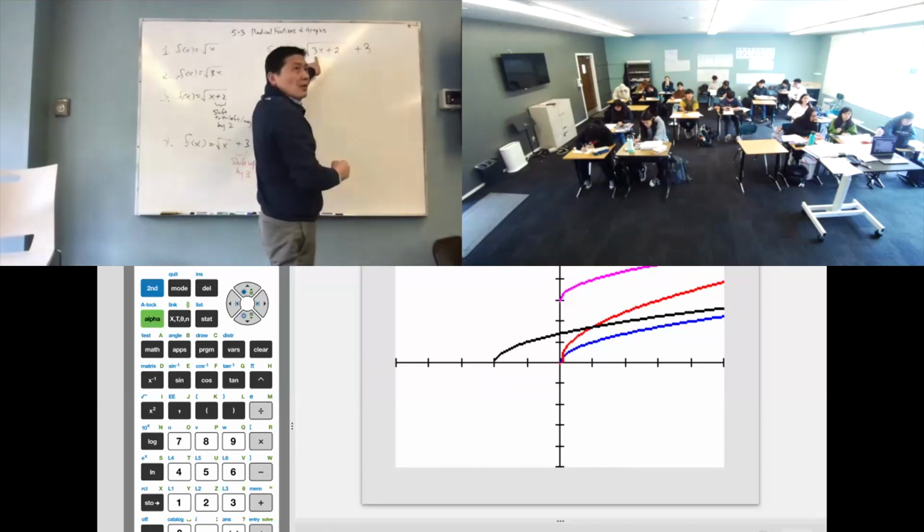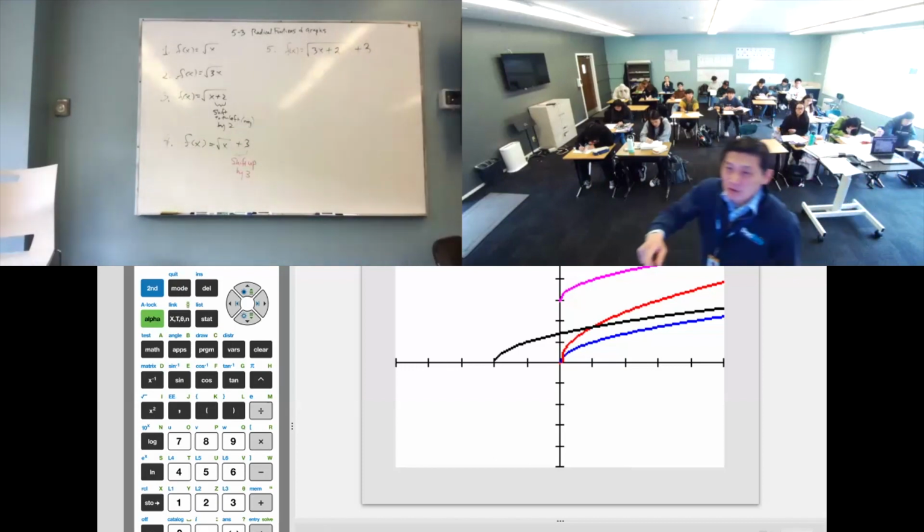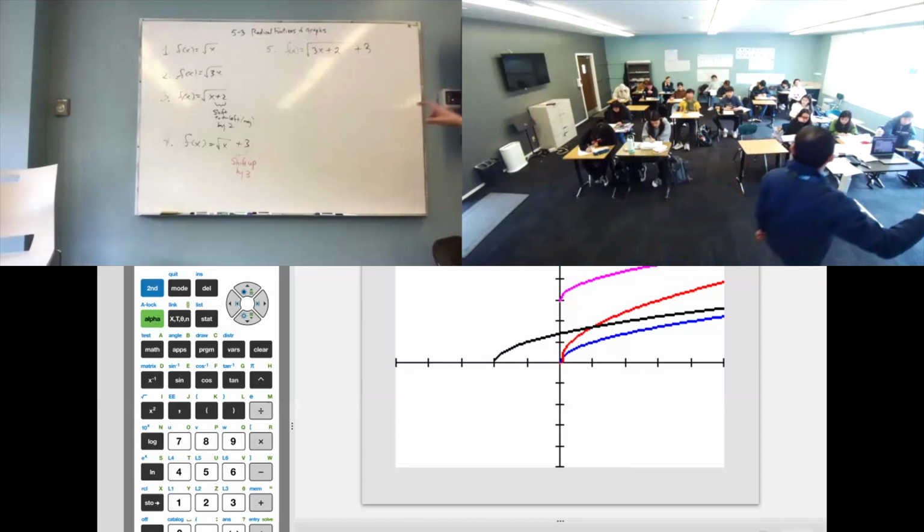But what about this 3 right here? Didn't we do something similar? Instead of comparing to the blue, we're comparing to the red. So it will be the red graph shifting 2 this way and moving up 3 that way. All right?